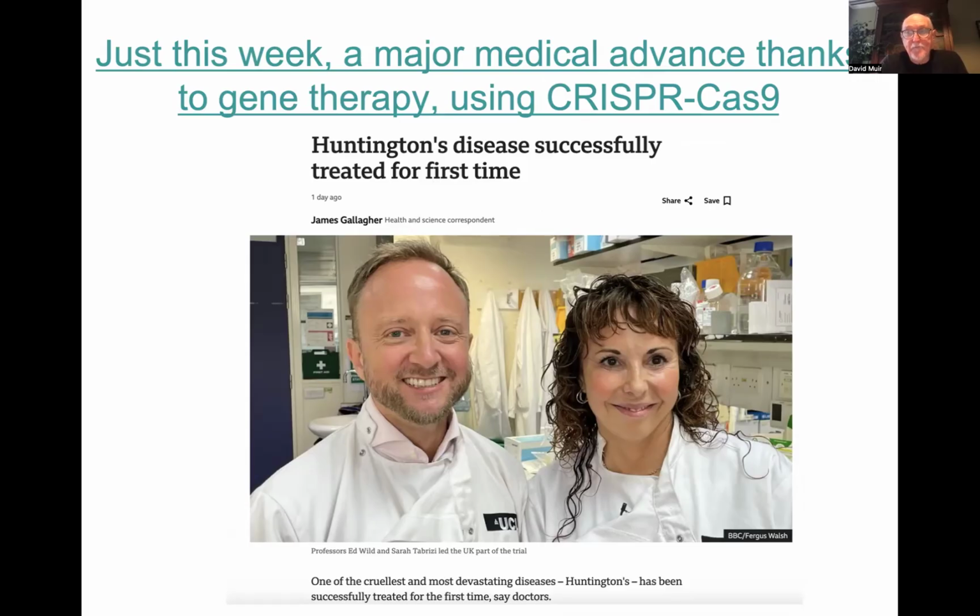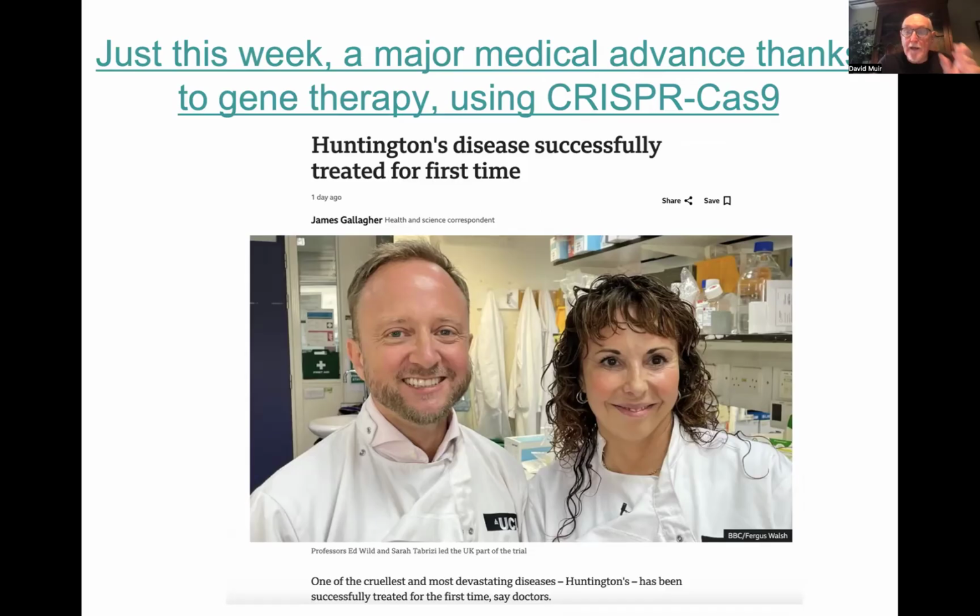It's inherited, and if people have the gene, it inevitably leads to dementia and death, and sometimes at a very young age. But using CRISPR-Cas9, they have just announced the first cases where they have not cured the disease, but they have shown that they can massively relieve the symptoms of the disease and prolong life.